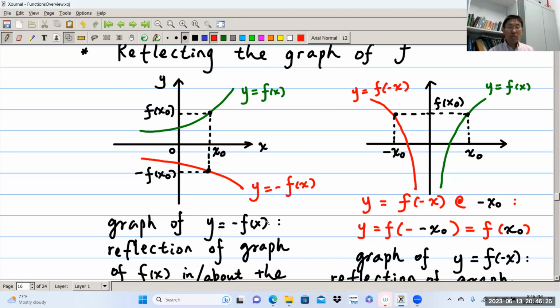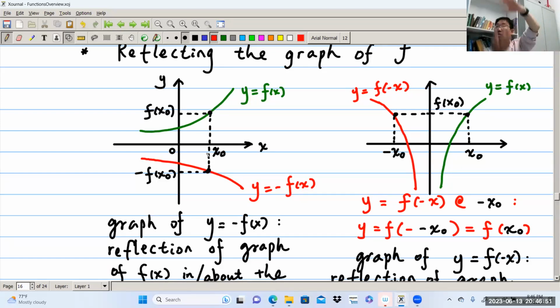So how about the relations between their graphs? Now you see, I use x naught as the input. I get f of x naught as the output from f. But I get negative f of x naught from negative f, because you need to multiply the y value by -1. It becomes the opposite. So any point above the x-axis, you have a corresponding point below the x-axis.